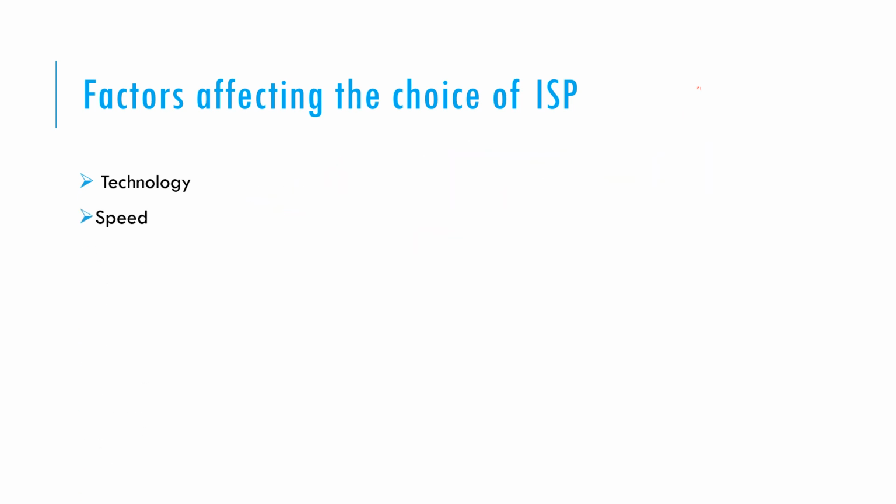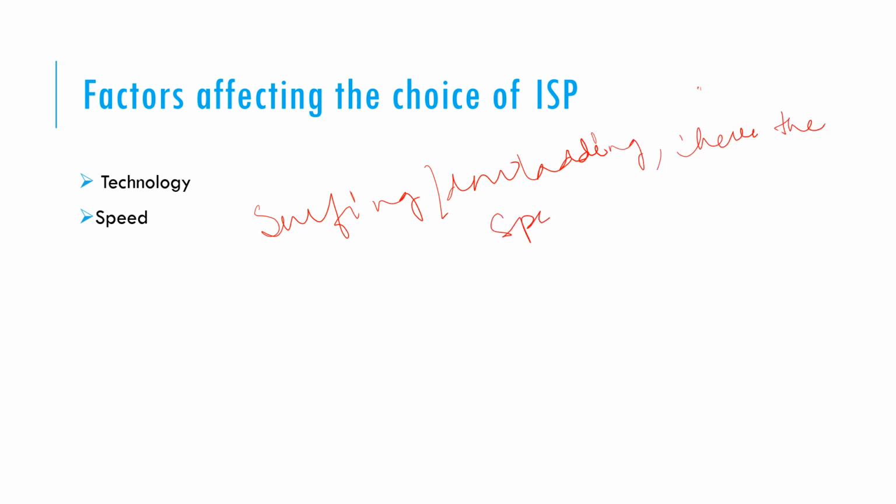Next is the speed. Before choosing an internet connection, we should check the speed that we will be getting while surfing or downloading on the internet. Next comes the cost.